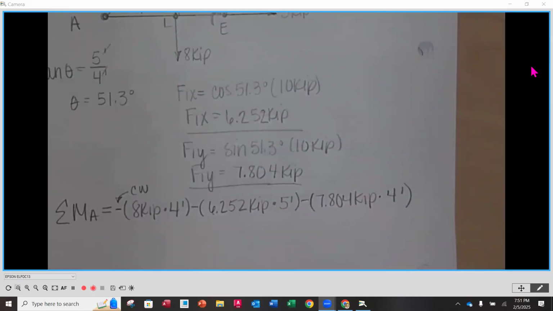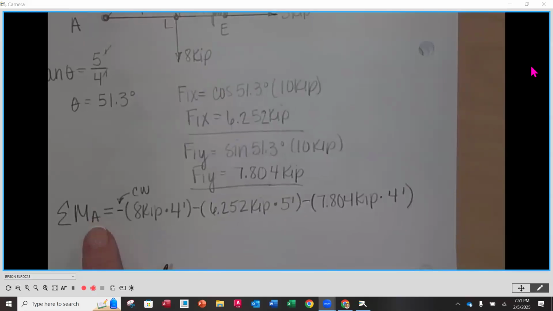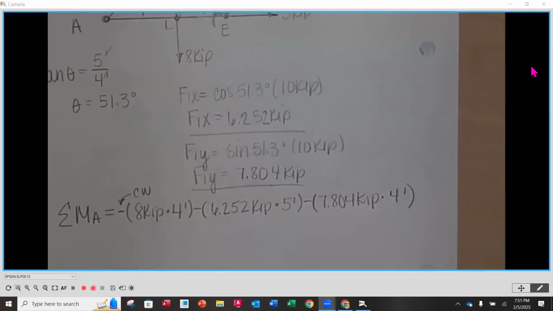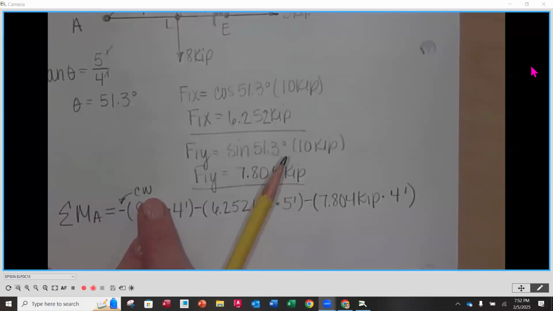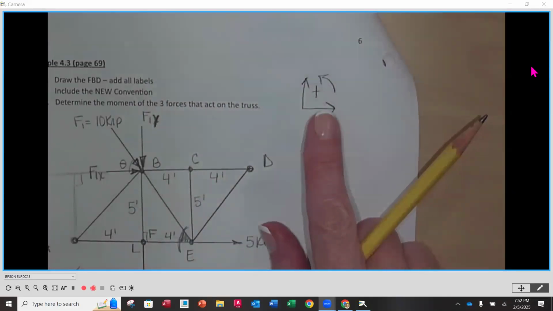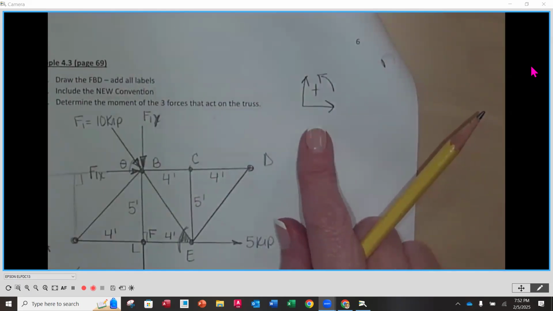A couple things when you write this out. The summation symbol in front of the capital M is the sum of the moments. Sub A tells me the point I'm summing around. Equal to each one of your moments. There are 3 moments here, so you're going to see 3 parentheses, and inside the parentheses it's force times distance, with your units in each one. Additionally, you have a sign out front that signifies the direction of the rotation about that point, positive or negative according to your convention.